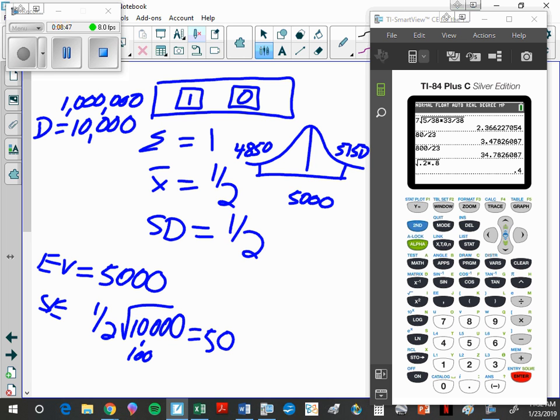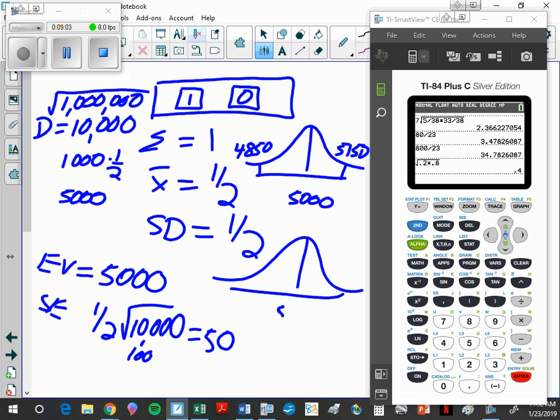So 1,000,000 times, the square root of 1,000,000 is 1,000. And we're going to times that by 1/2, and I get 500. So my curve now has 500,000 as the expected value.